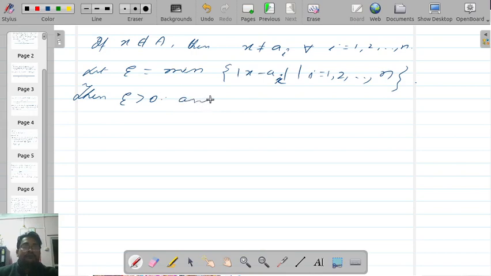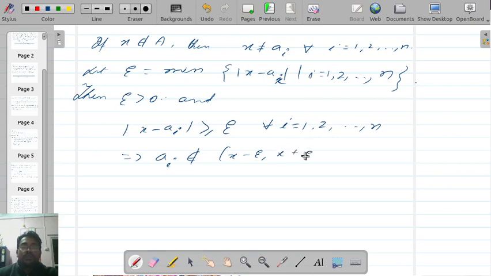And mod of x minus a_i is always greater than or equal to epsilon by definition. Epsilon is the minimum of all these values, so each of these values is greater than or equal to epsilon for all i from 1 to n. That means a_i does not belong to x minus epsilon to x plus epsilon, for all i from 1 to n.